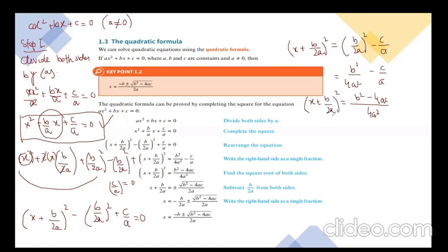Now taking square root on both sides. So ये हो जाएगा x plus b by 2a and this will be b square minus 4ac whole divided by 2a.